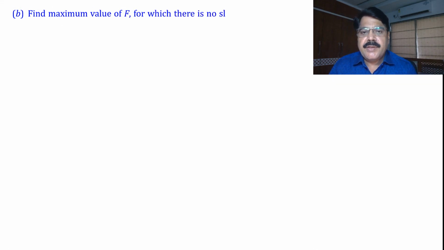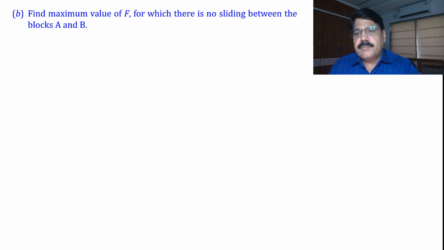So let us discuss part B. Find the maximum value of F for which there is no sliding between the blocks A and B. So far what we have seen is that when the force reaches a value of 50 Newton, sliding between B and C starts, but sliding between A and B has not started. It means when we increase force beyond 50 Newton, before sliding between A and B starts, A and B are moving with the same acceleration.